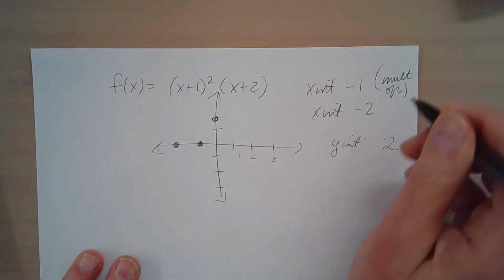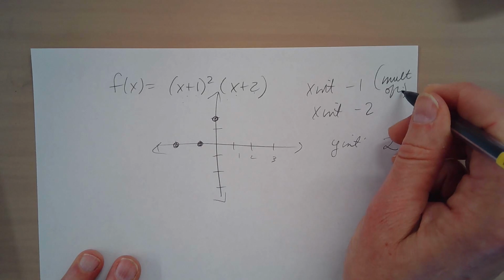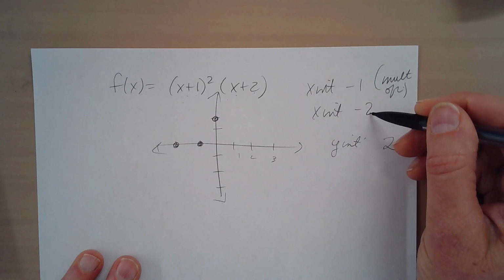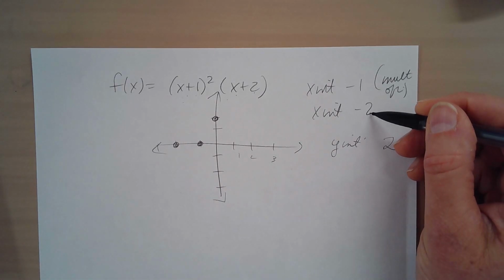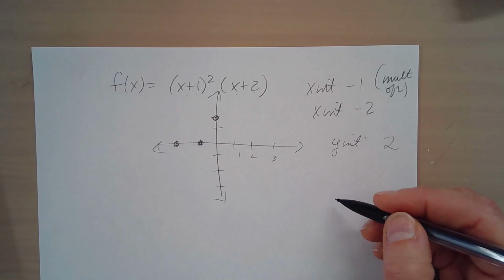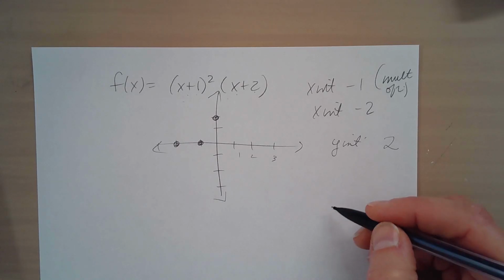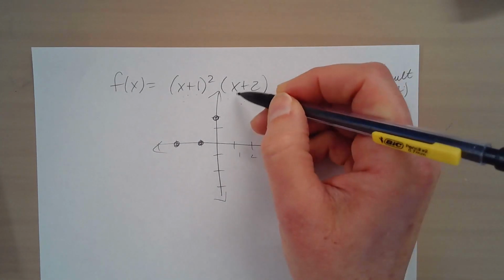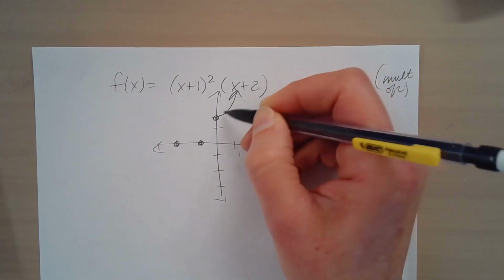What happens at a multiplicity of 2? Bounce, right? What happens at a multiplicity of 1? Crosses, right? Crosses cleanly. All right, and this is a cubic, right? A positive cubic or negative cubic? So I know the shape is kind of like this, so it ends over here. So I guess it goes like this somehow, right?